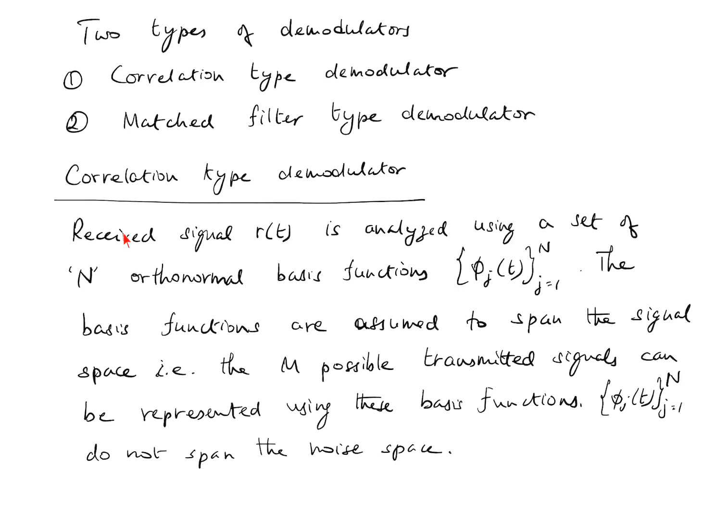Now, the principle of the correlation type demodulator is similar to a topic which we discussed a few lectures back, the signal space representation of signals using basis functions. If you recall, we looked at it from two perspectives.